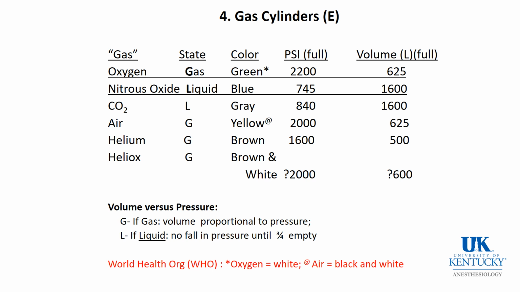Now, a full cylinder of oxygen has 2200 psi and contains about 625 liters, and a full nitrous cylinder has a pressure of 745 and a volume of about 1600. Although I passed over it, air in the U.S. is colored yellow.